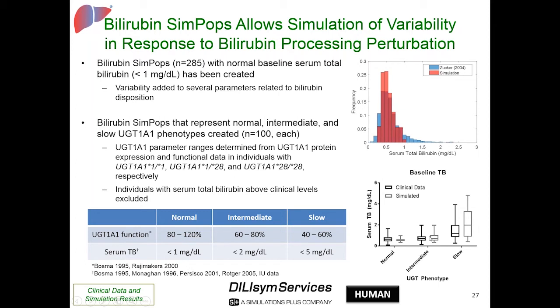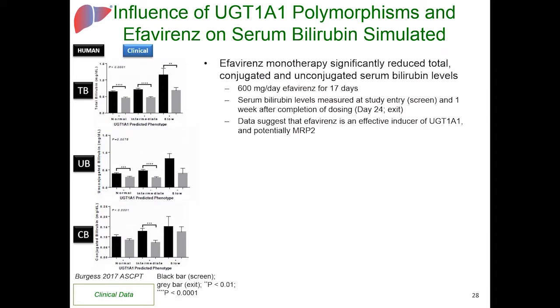And you can see the data compared to the simulation. The data is in black and the simulations are in gray here. And you can see that with the slow metabolizers, we have an increase in serum bilirubin very much consistent with the data. So this allows you to look at special groups and how your drug may be affecting special groups as well. Now, just to illustrate this, we have an example here on efavirenz, and this is a monotherapy drug that significantly reduced bilirubin, actually.